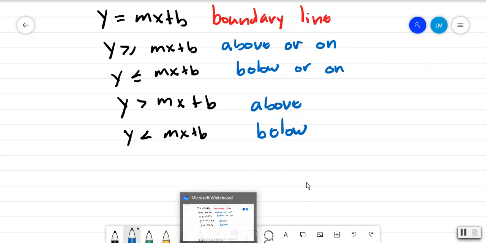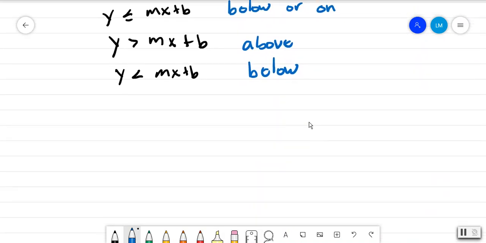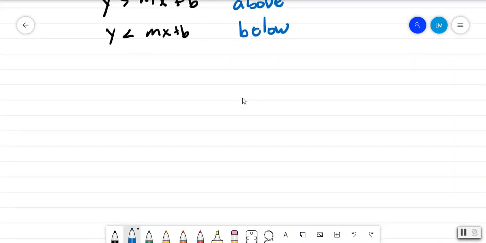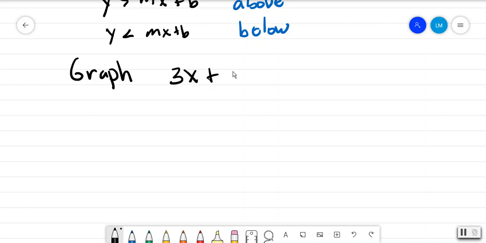So let's look at some examples of finding the feasible region. Let's say that we want to graph 3x plus 2y is greater than or equal to 18. To do this, we just need to find the x-intercept, which is where y is equal to 0.